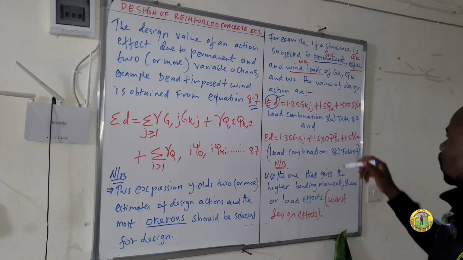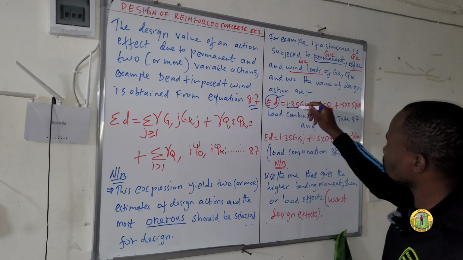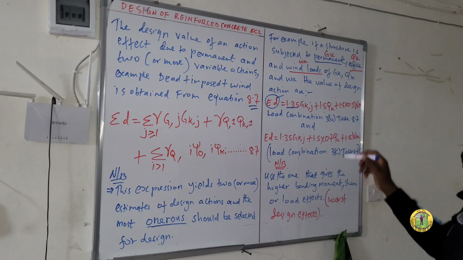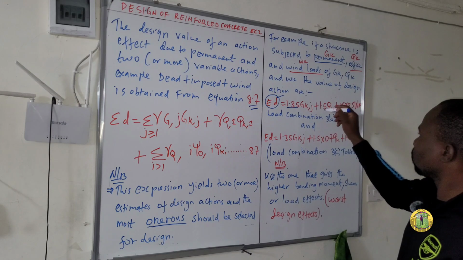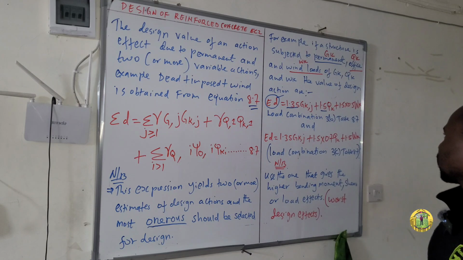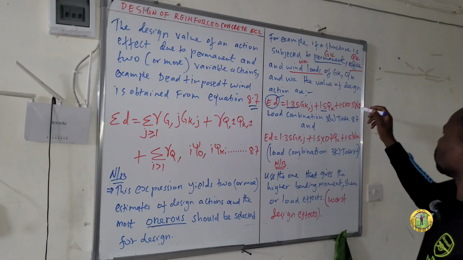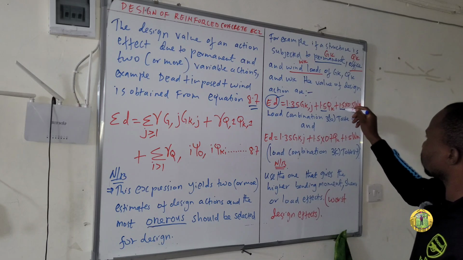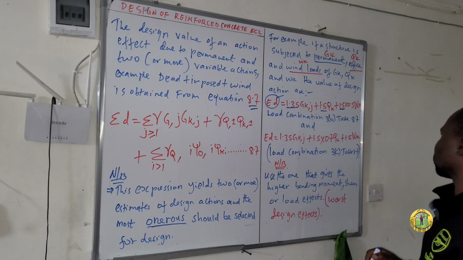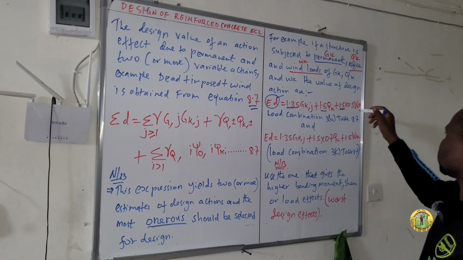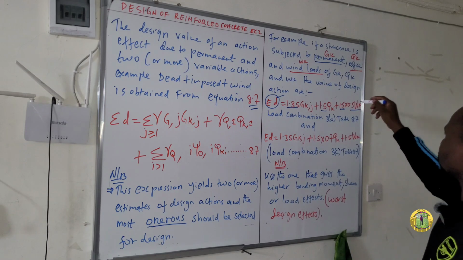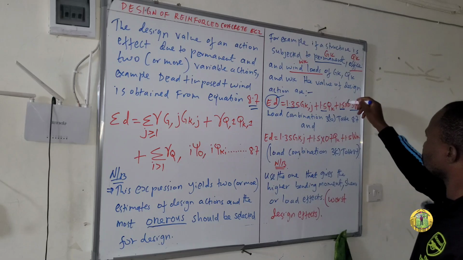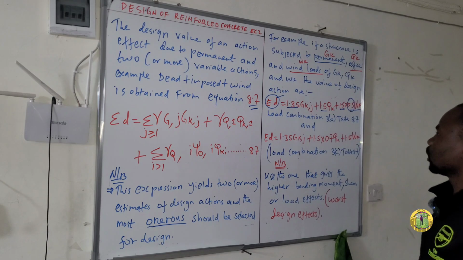1.35 GK. So 1.35 is the partial safety factor, plus 1.5 QK. So 1.5 is the partial safety factor, plus 1.5, again the partial safety factor for wind, times 0.5 WK. So how is this 0.5 obtained?